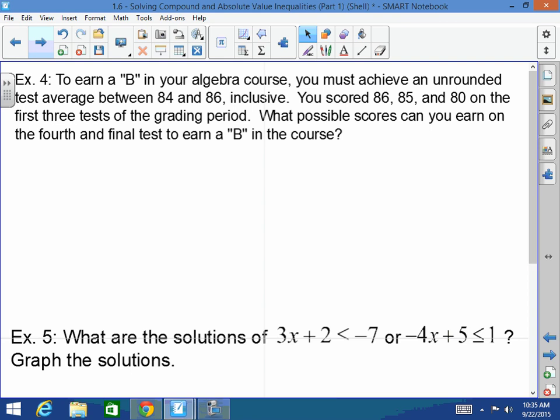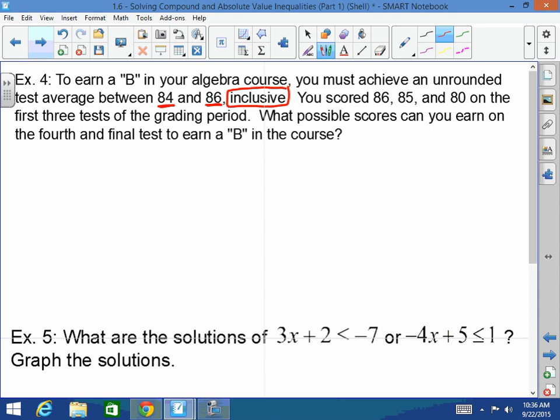To earn a B in your algebra course, you must achieve an unrounded test average between 84 and 86 inclusive. The word inclusive, I put this word here on purpose. You will see this on the SAT a lot. Inclusive means it includes 84 and 86, so that means there's going to be a greater than or equal to or a less than or equal to.